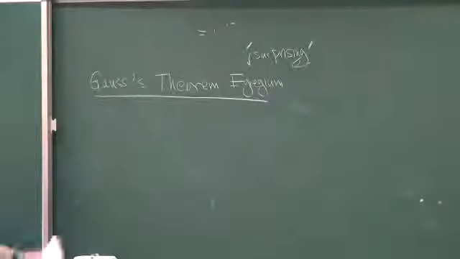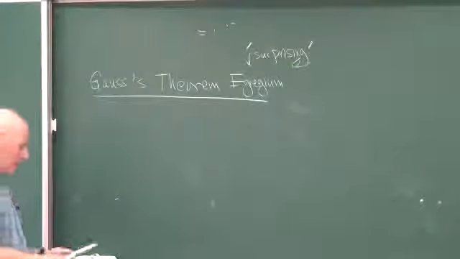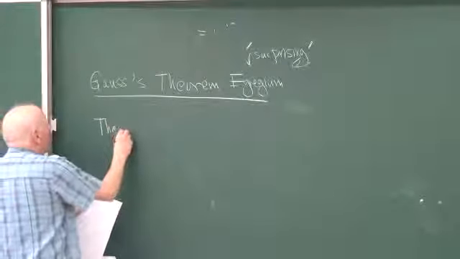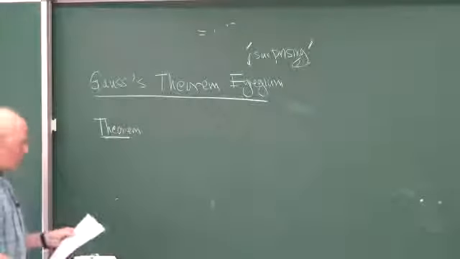So Gauss was very happy, and since he wrote in Latin in those days, about 1830, because that was the language everybody could understand, he wrote Theorem egregium. It was a surprising result. So let's state it, because all of the story is based on the Gauss theorem and its generalizations.